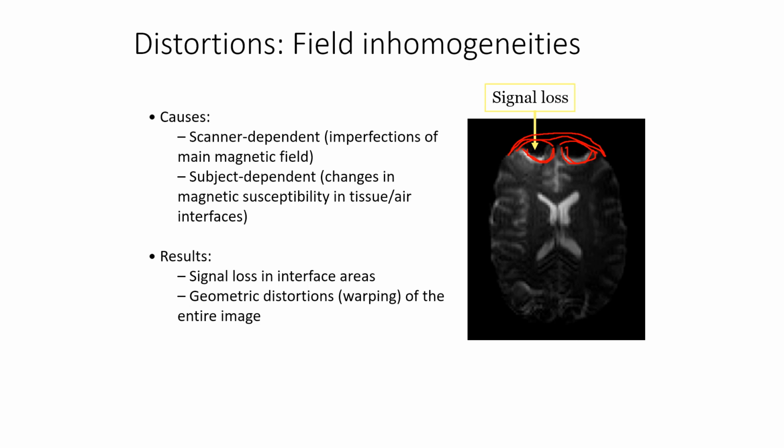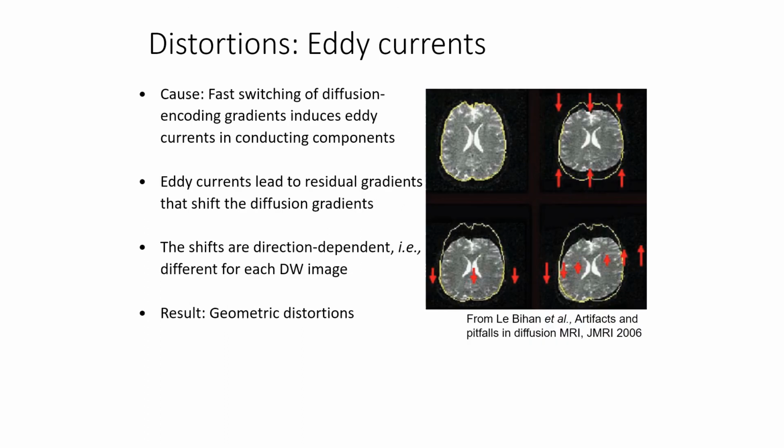But the sinuses can distort the signal really on some of the edges of the brain. We get some distortion back here as well. And so this warps, that area can warp the entire image. And some of that can be dependent on how good the scanner is, but some of it is just your anatomy. And so what we want to do is have a way to correct for that.